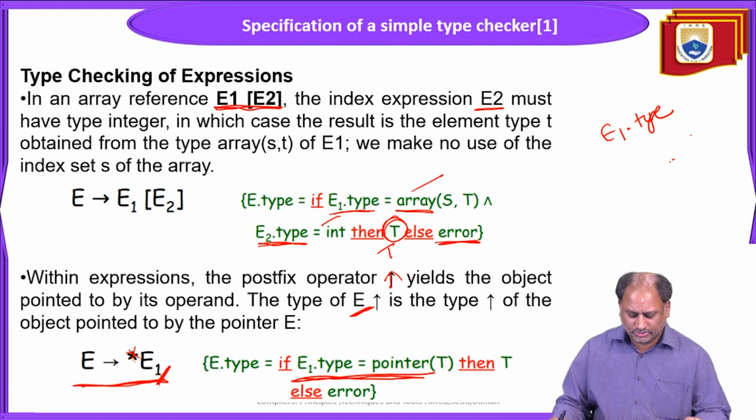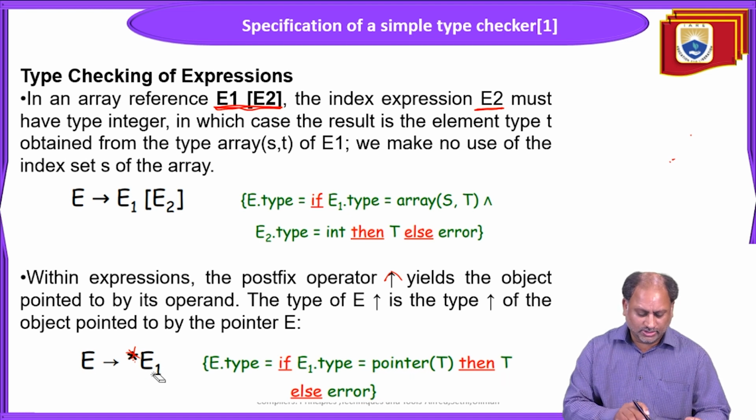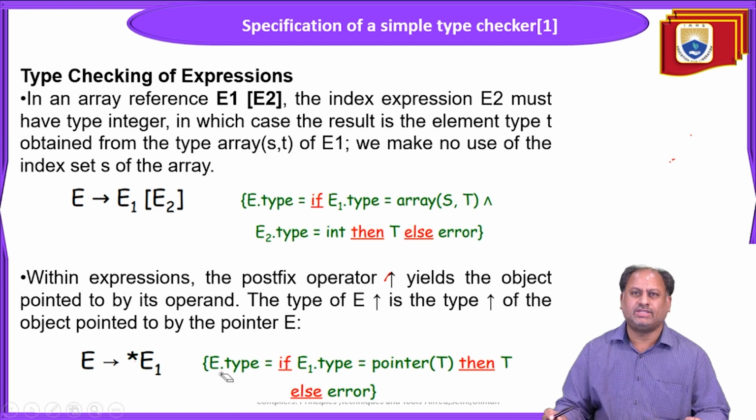Then the pointer type returns the value, which is to be determined with E dot type. If both are matched, then the result is displayed, else we get an error. So this is the expression type checking process for arrays, that is, arrays of individual values, and pointers.